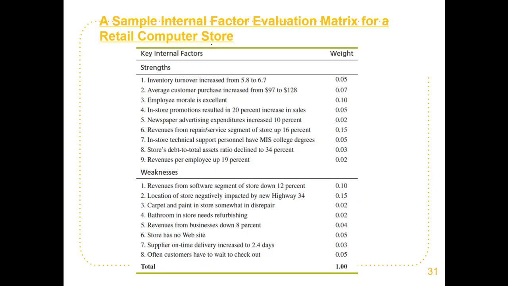You assign weights from 0.0 as not important to 1.0 as all important. Remember that regardless of whether it's an internal strength or weakness, factors considered to have the greatest effect on organizational performance should be assigned the highest weights. All right, there you go.